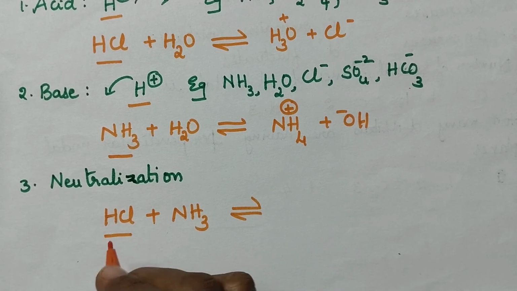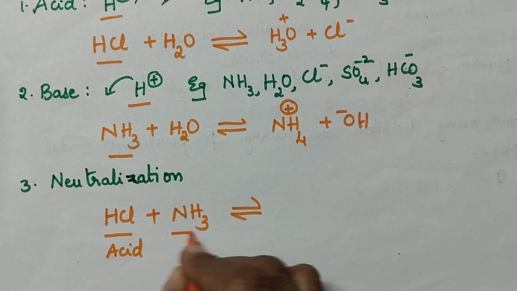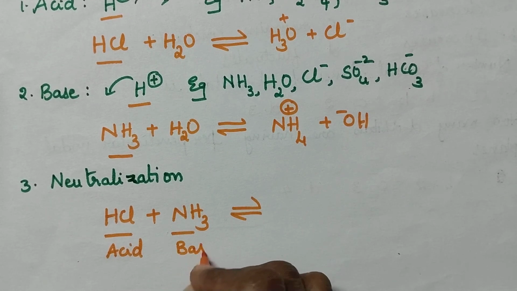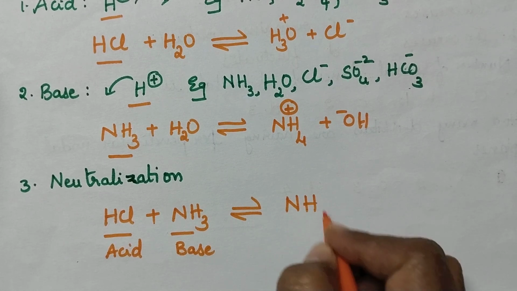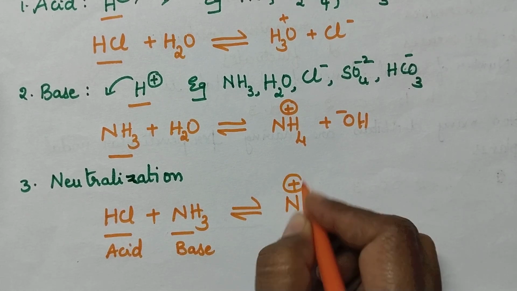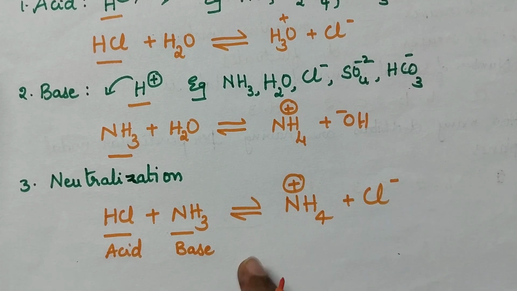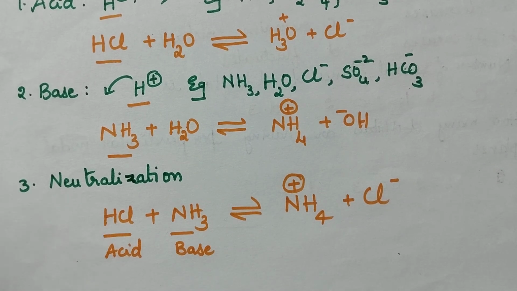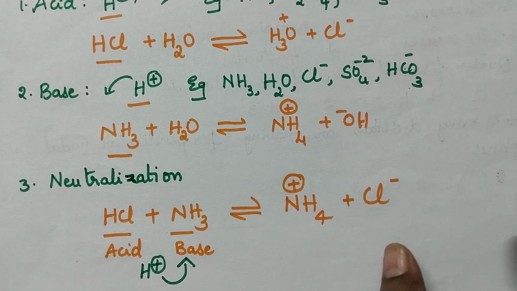Here HCl, being an acid, donates a proton to the ammonia. Ammonia is a base. Then it results in the formation of ammonium ion plus Cl minus. So it is a good example of a neutralization reaction, which involves the transfer of a proton from an acid to a base.